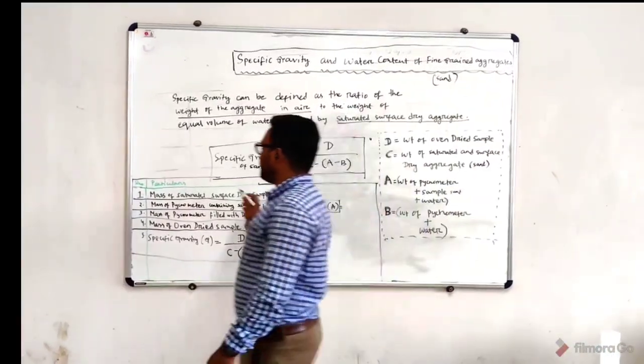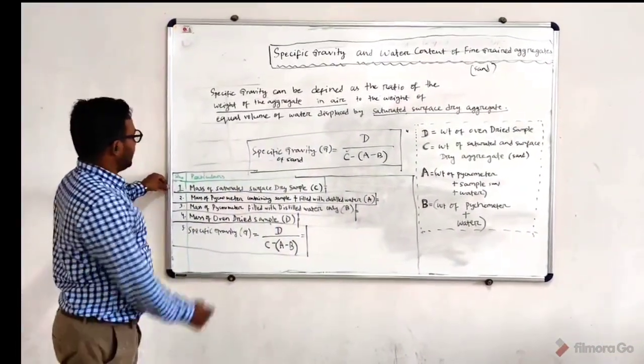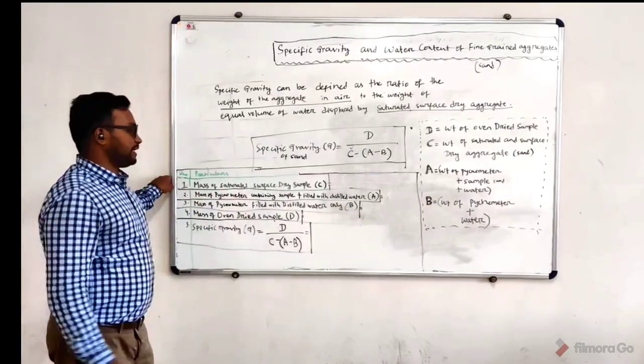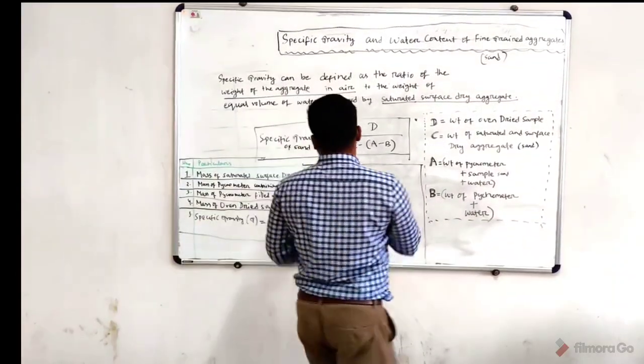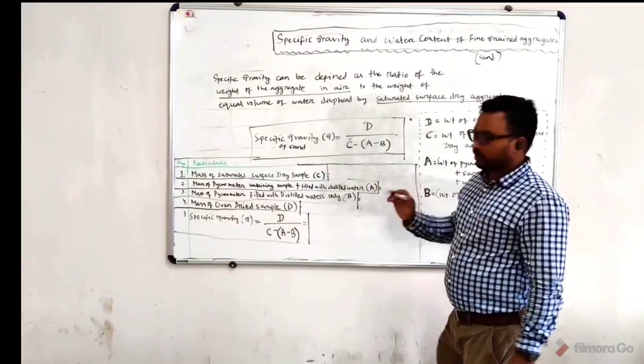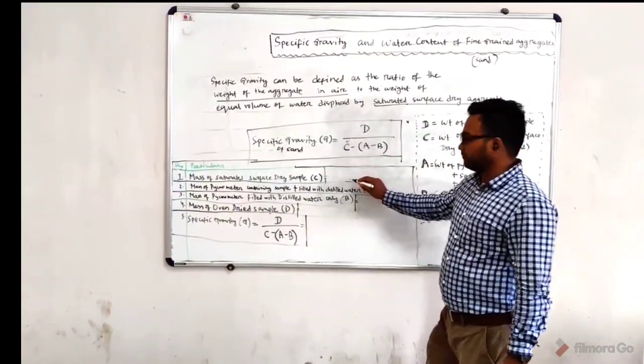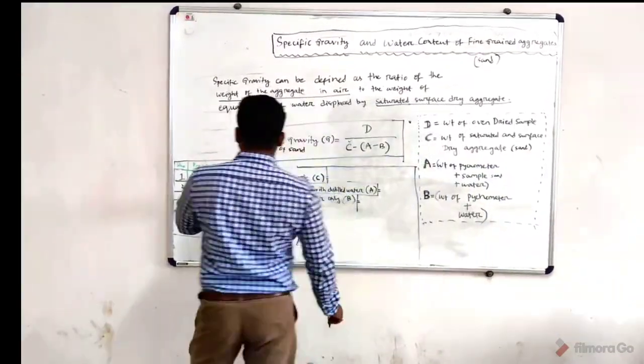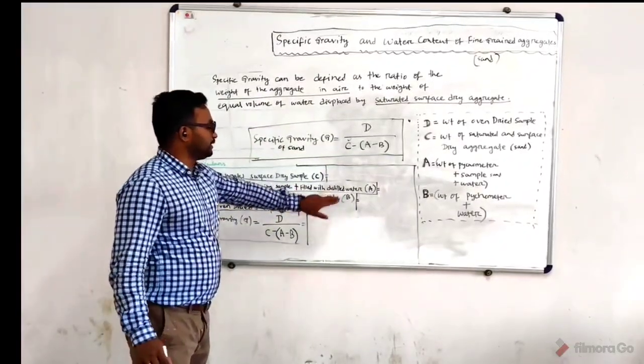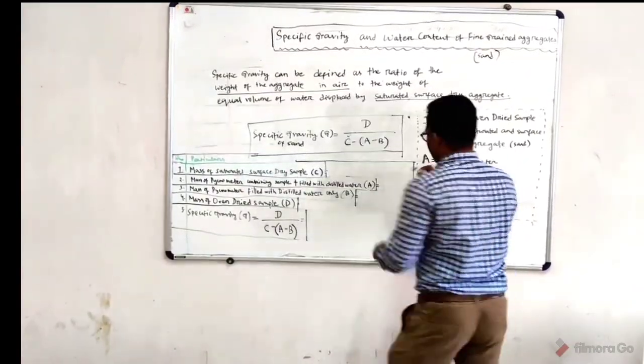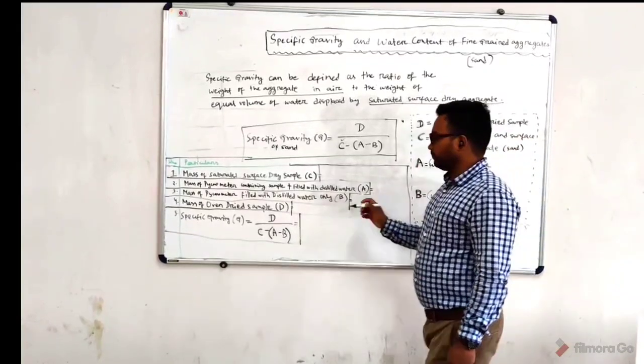Then we will have a tabulation like this. Mass of saturated surface dry sample: we will take as per our own convenience, generally it is taken as 500 grams. Mass of pycnometer containing sample plus filled with distilled water, we will go into the experiment and know.